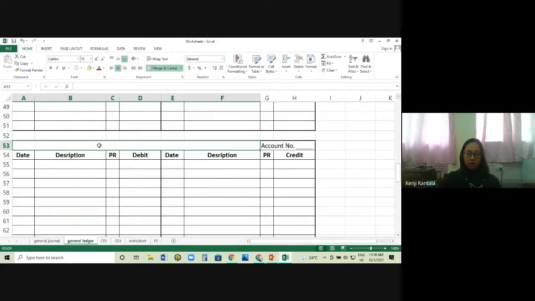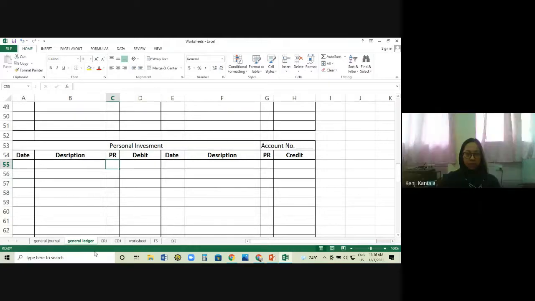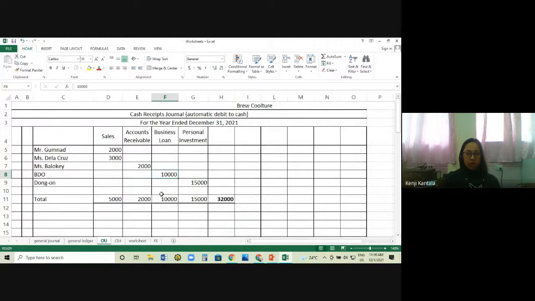So magkano? 15,000. Saan natin ilalagay siya? Is it sa debit or credit? Credit. Wait lang. Andito siya. CRJ, Cash Receipts Journal. So kapag nasa Cash Receipts, credit po.